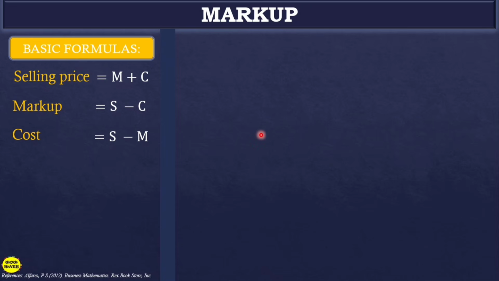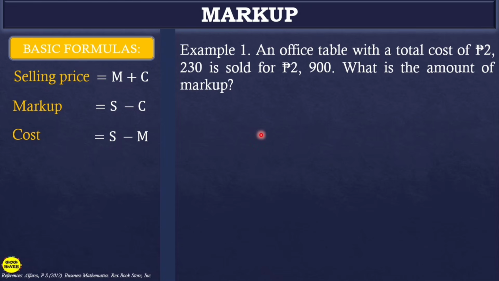The total cost, of course, ima-minus lang natin yung markup doon sa new selling price para makuha natin yung total cost. So for example, an office table with a total cost of 2,230 is sold for 2,900 pesos. What is the amount of markup? First, identify muna natin yung mga given.